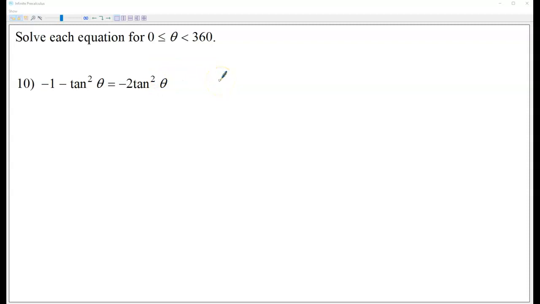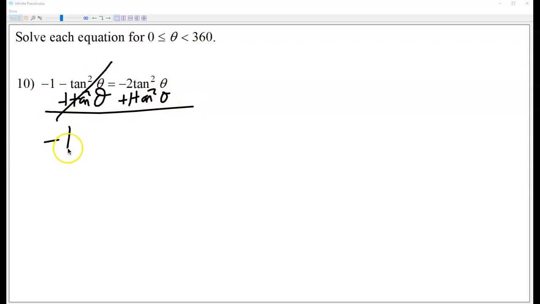So first of all, I don't want two different tangents on these sides of the equations. I'm going to go ahead and add this tangent on both sides. Once again, it doesn't really matter which tangent you choose to move. -2 plus 1.